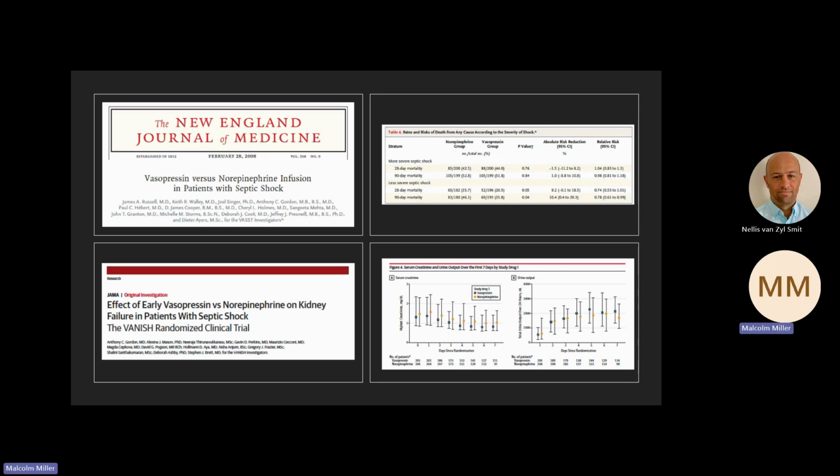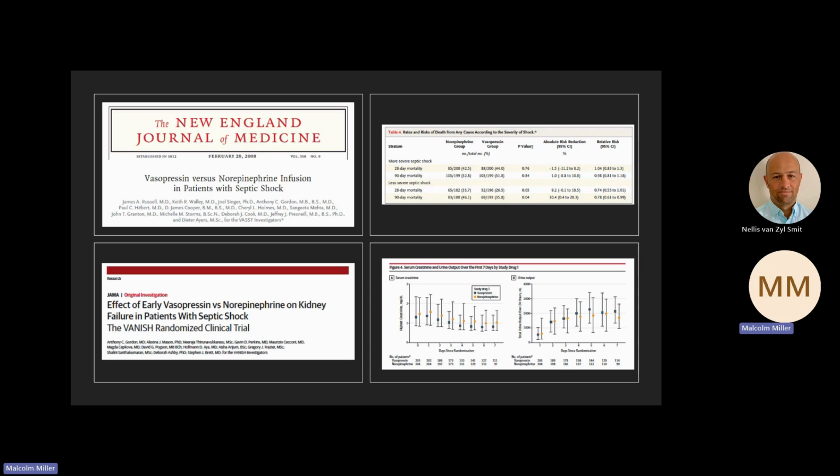However, they weren't powered for mortality difference, but these studies did show some interesting results in terms of the timing and the use of vasopressin. The VASST study was the original study, or the first study, looking at vasopressin versus noradrenaline.